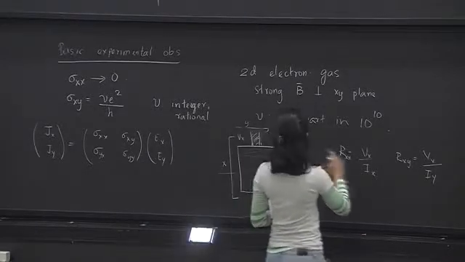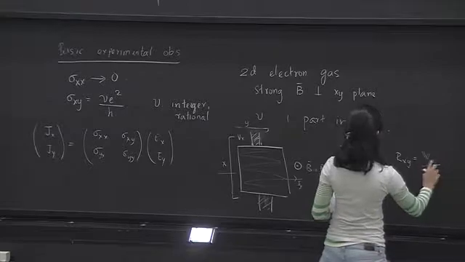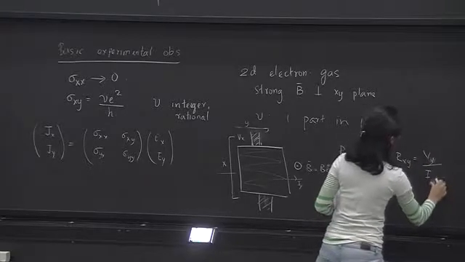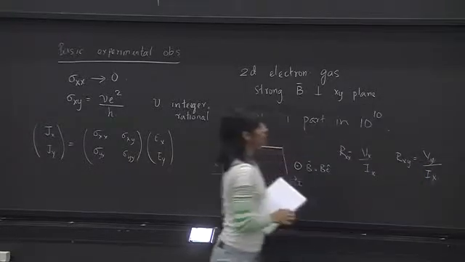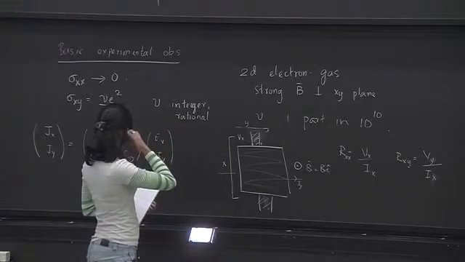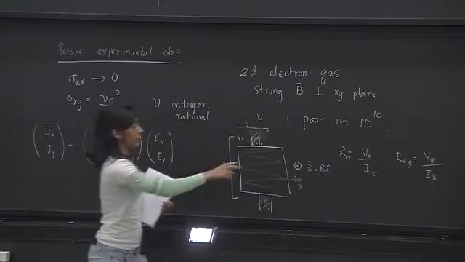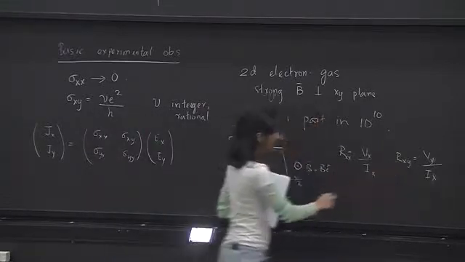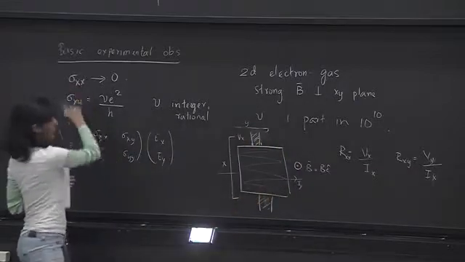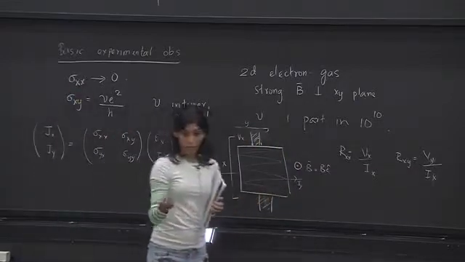Rxy is Vy divided by Ix, I guess. Yeah. Or maybe the other way around. But anyway, this is how one defines these resistances, which are related to these conductivities. And then one plots them.